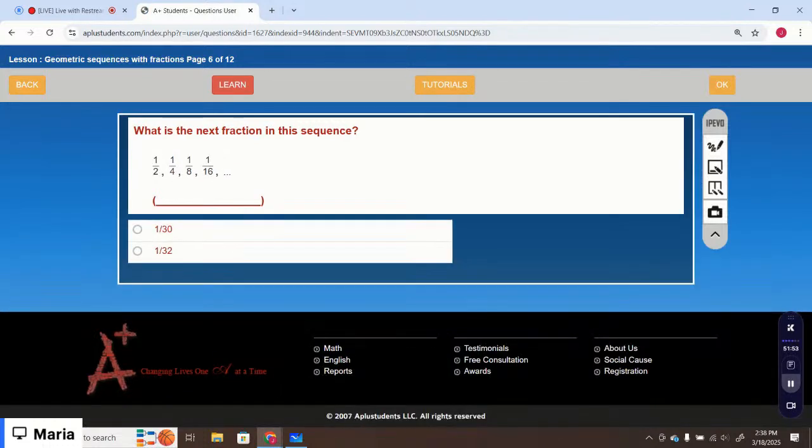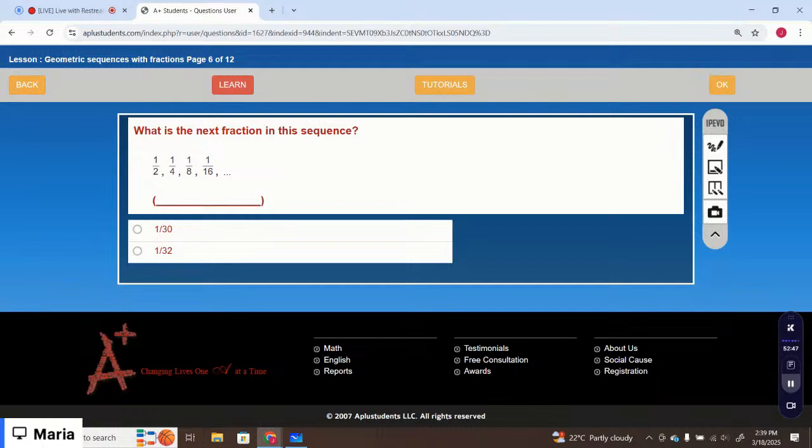Option number two is the correct option. 1 by 2, 1 by 4, 1 by 8, and 1 by 16.